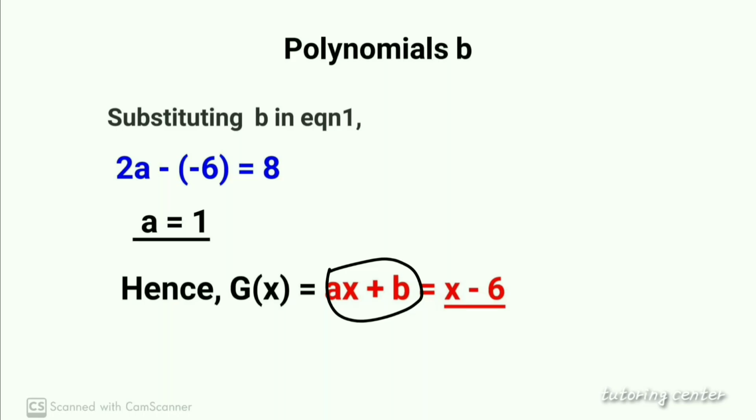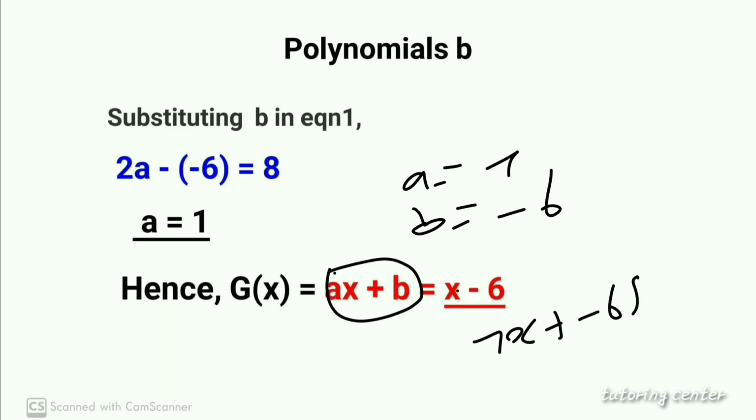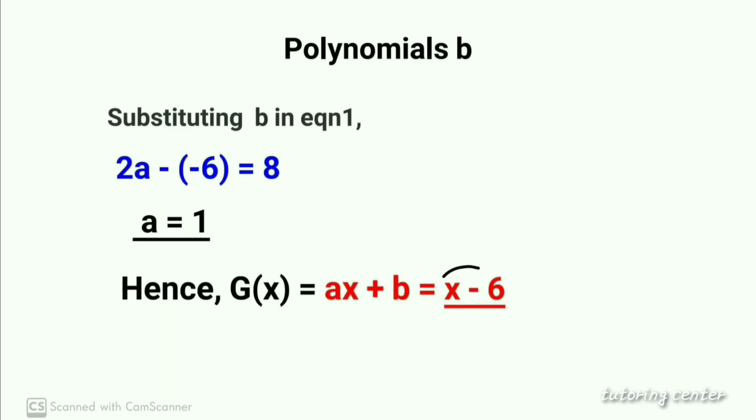So having our a value to be 1 and our b value to be -6, this means q of x is 1 times x plus -6, which simplifies to x minus 6.